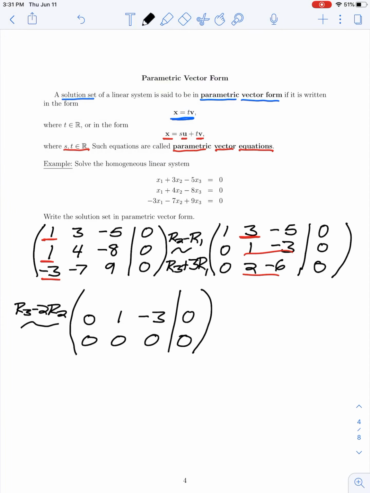So let me take row 1 and subtract 3 times row 2, which would leave me 1, 0. Let's see, 9 minus 5 would be 4, and 0.